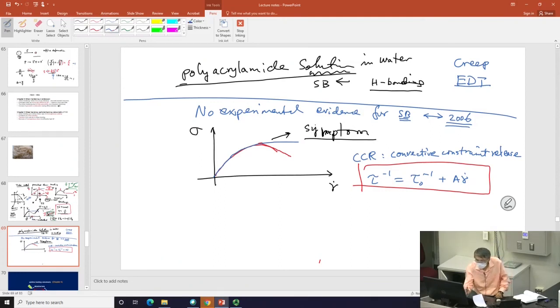So the chains, in this concept, eventually lose entanglement because the shear is bringing them apart, bringing them out of each other's constraint. So that's the concept.